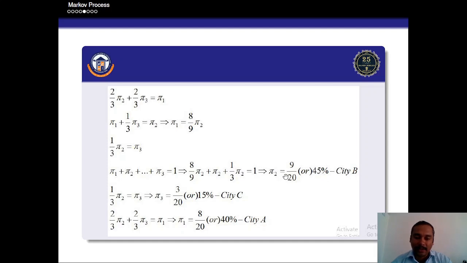So using this pi 2 value in these two equations, pi 1 equal to 8 by 9 pi 2 and pi 3 equal to 1 by 3 pi 2, we can get the value for city C and A. The probability of selling in city C is 15%, that means 0.15. The percentage of selling in city A is 40.